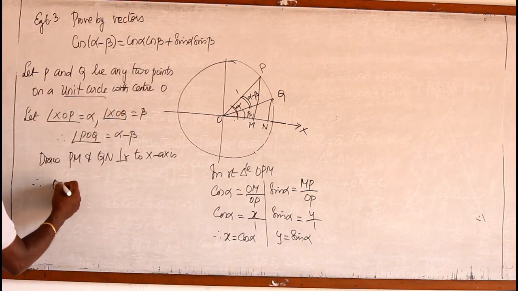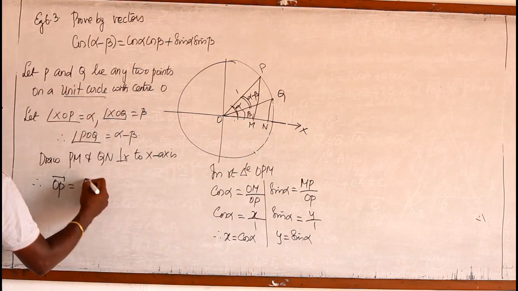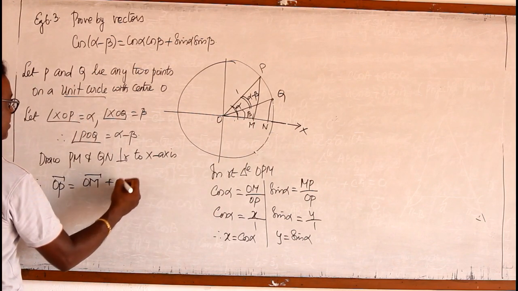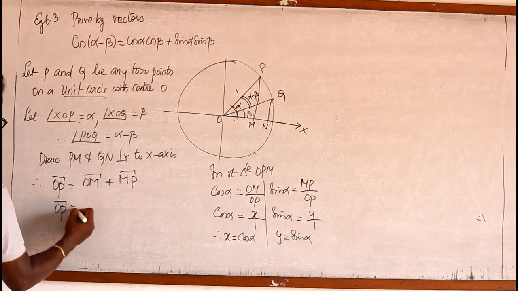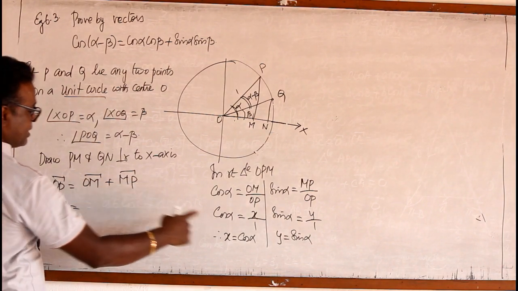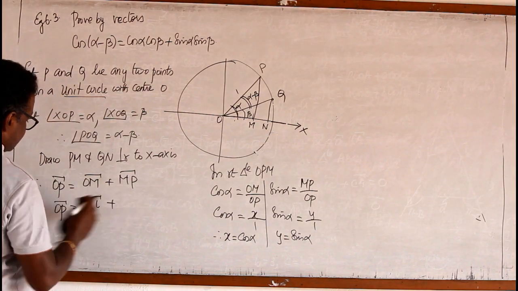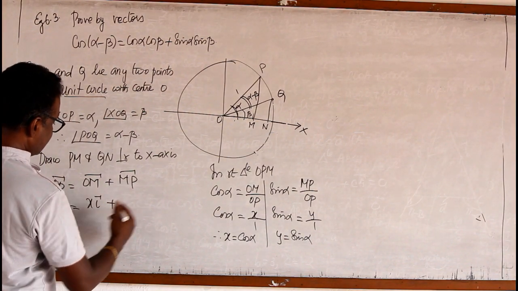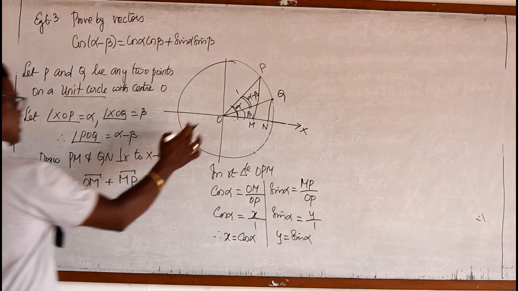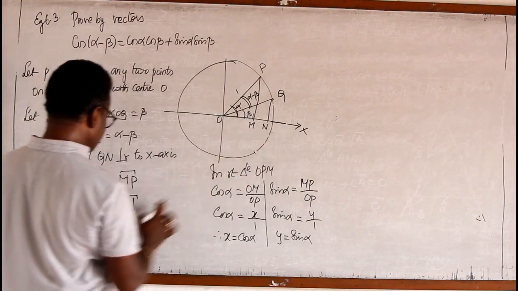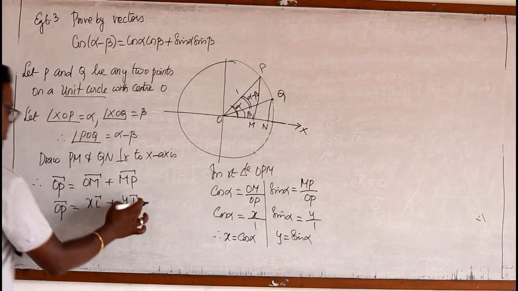Therefore, I can write the OP vector as the OM vector plus the MP vector. OM is a vector along the x-axis, so some x with the i vector, and MP is along the y-axis, so y with the unit vector j.